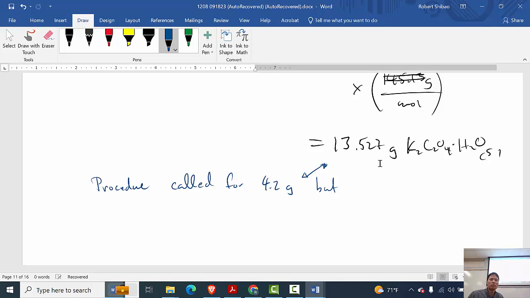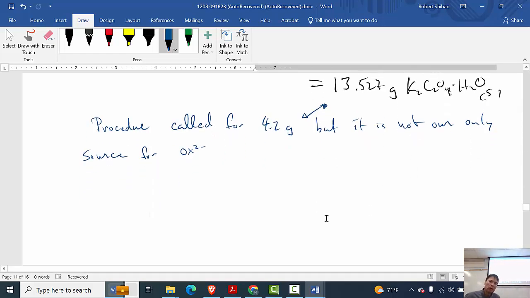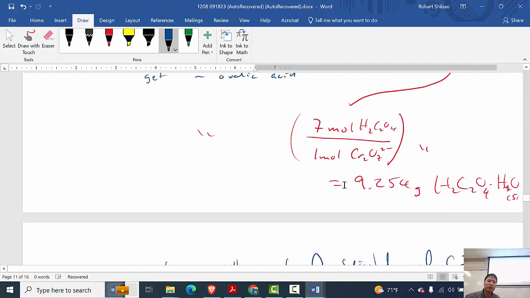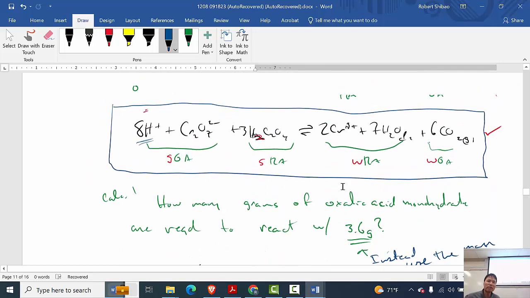But it is not our only source for oxalate, that's C2O4 2 minus. We had another source for oxalate, and the other source for oxalate was from the previous reaction.